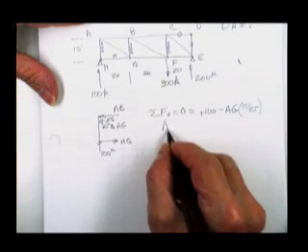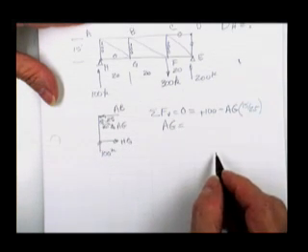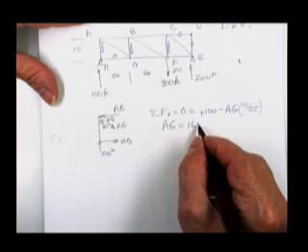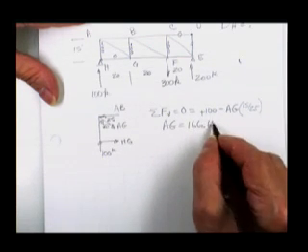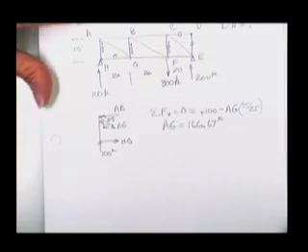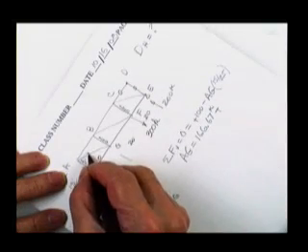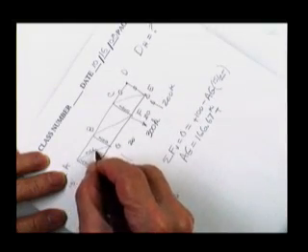And therefore AG is equal to 166.7 or something. Okay. Don't need too much accuracy. And it is a tension force, so I'll go list it as a positive 166.7.